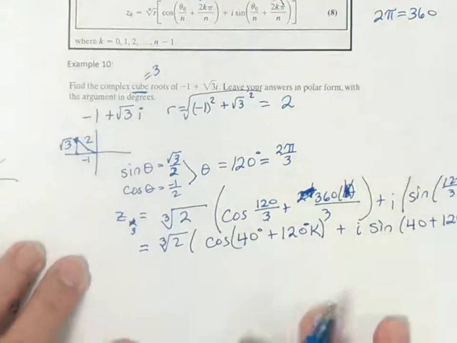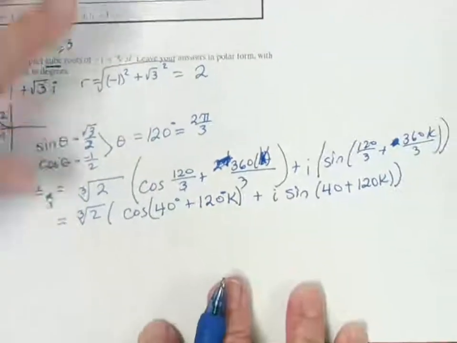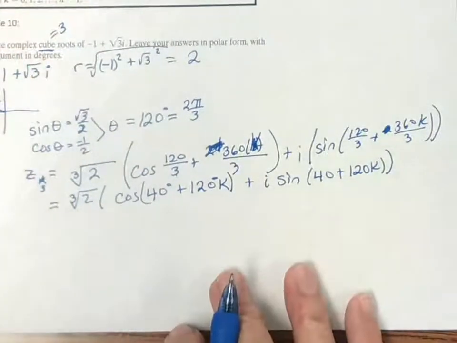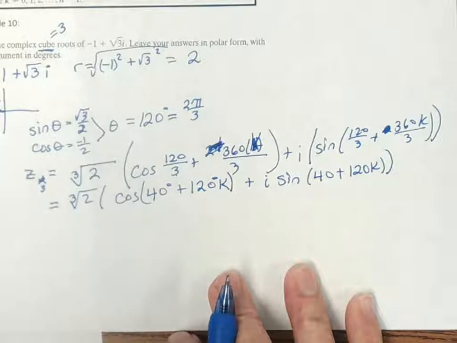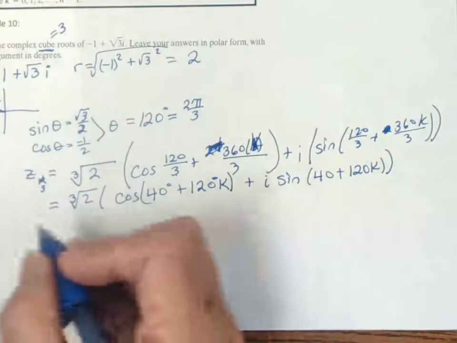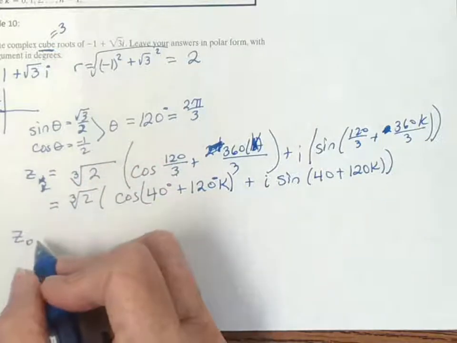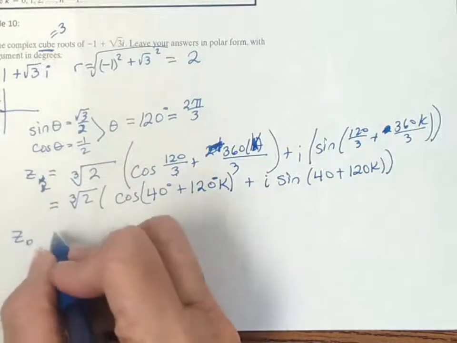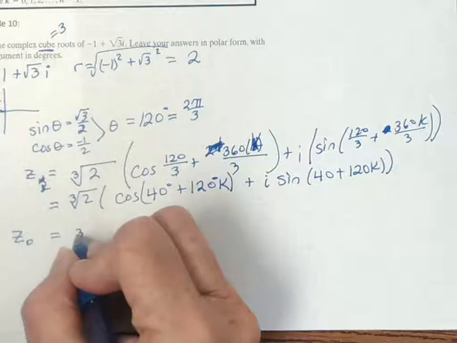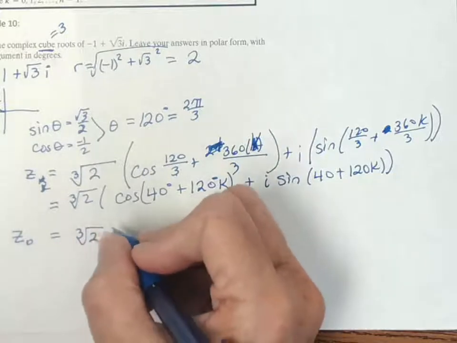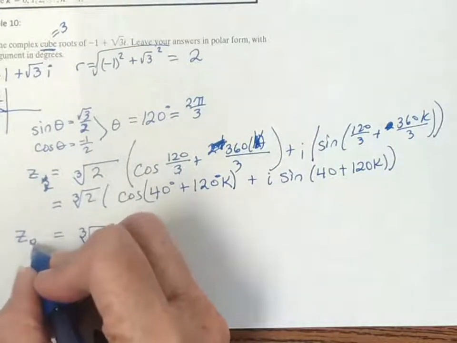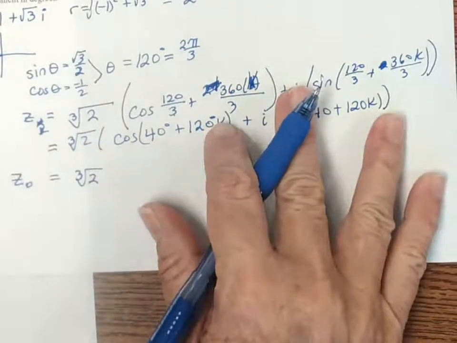Remember, oops, sorry, I went off the screen for you. k represents some integer. Now, if I wanted to find these roots, z sub 0, this was z sub k, the 0 root is going to be the cube root of 2. I'm just choosing different values for k right now.